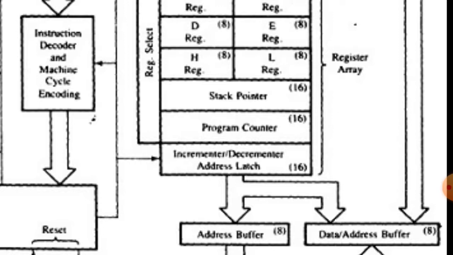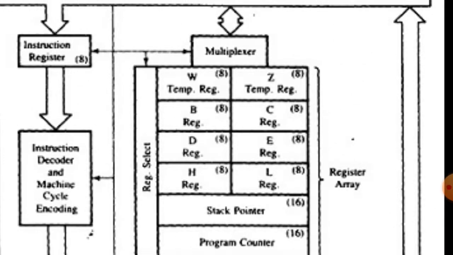Now these temporary registers which you can see at the beginning are W and Z. As their name suggests, they are temporary registers. Their function is to hold the temporary data of arithmetic and logical operations.